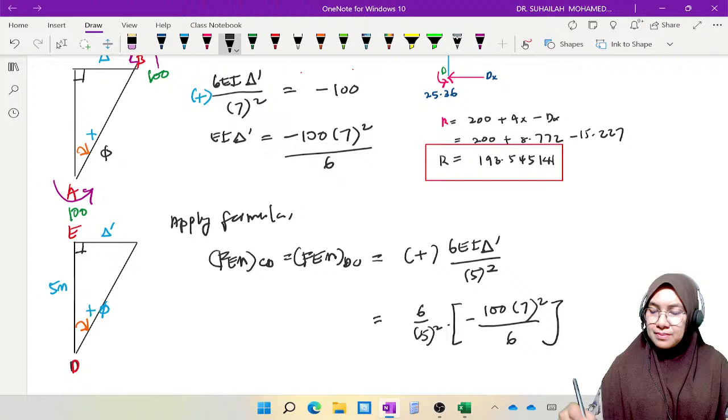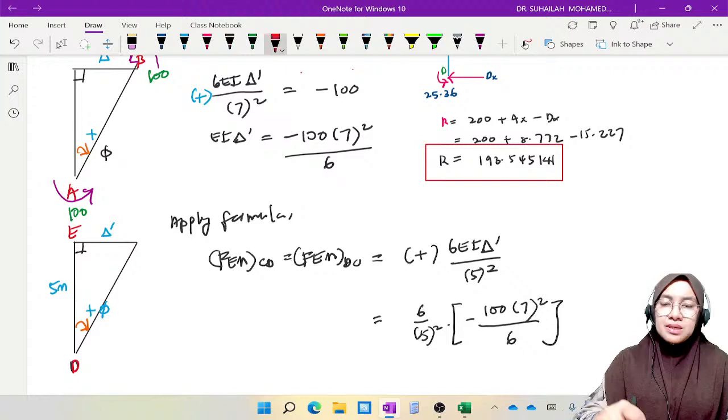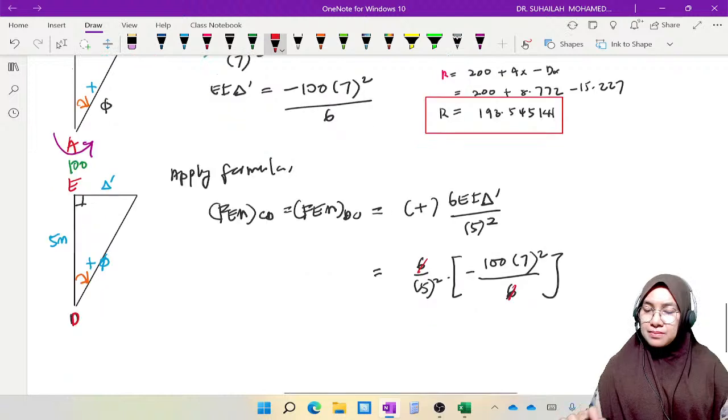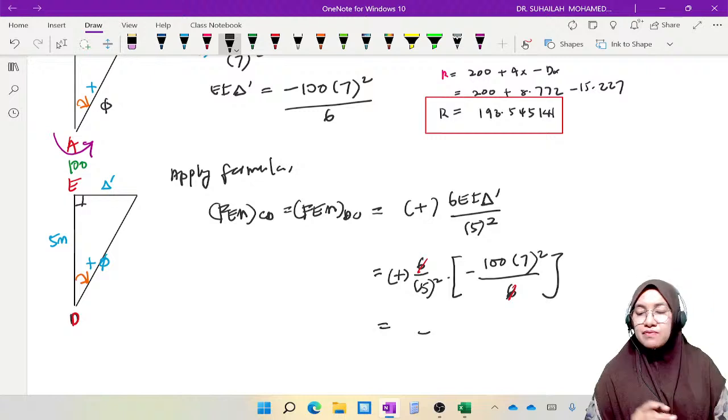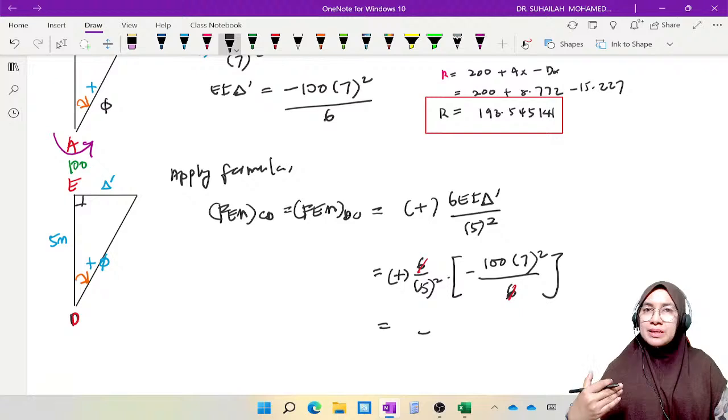So we cancel 6 and 6, and we get a negative value. It must be negative because the angle is positive, so when we calculate, we write the negative. The right sign means that this calculation is correct.